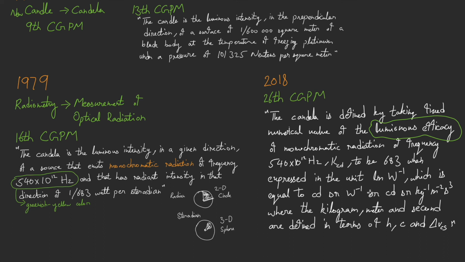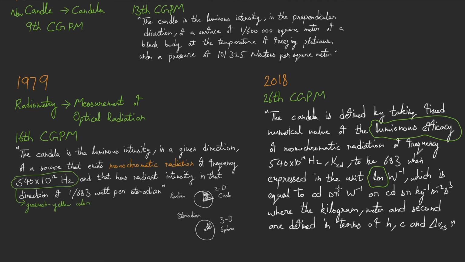Lumen is the amount of visible light emitted by the source per unit of time per watt, which is equal to cd, which is equal to candela steradian. So lumen, when we break it down to its basic units, is candela steradian.